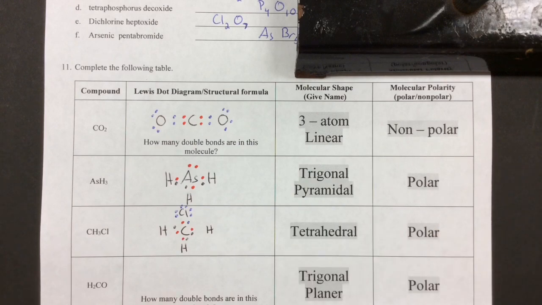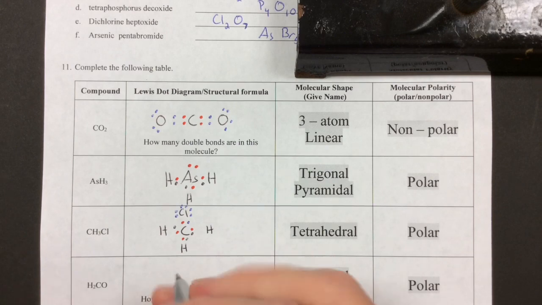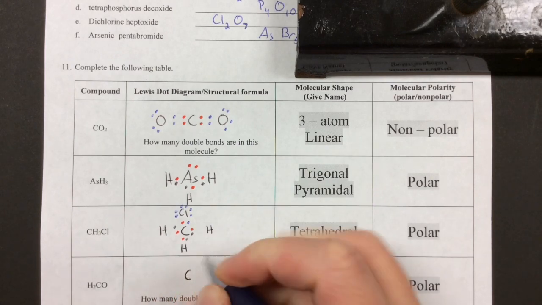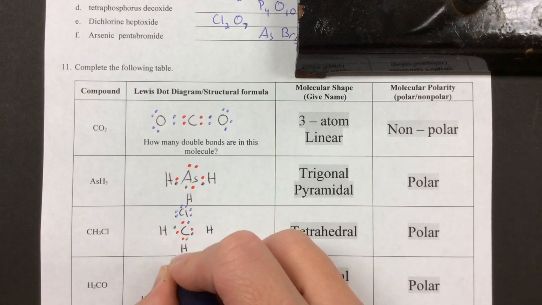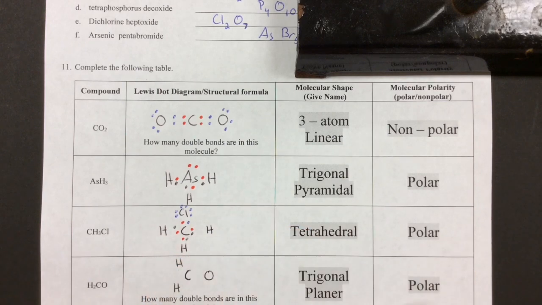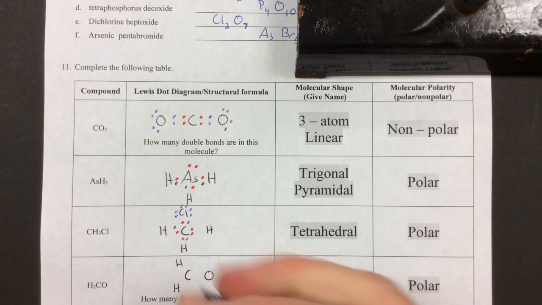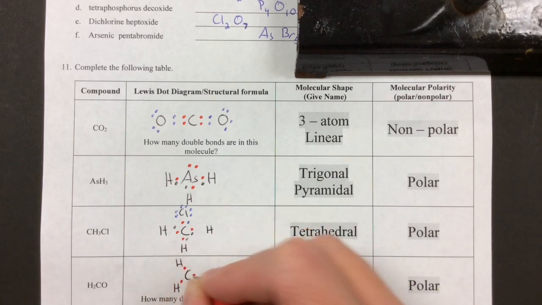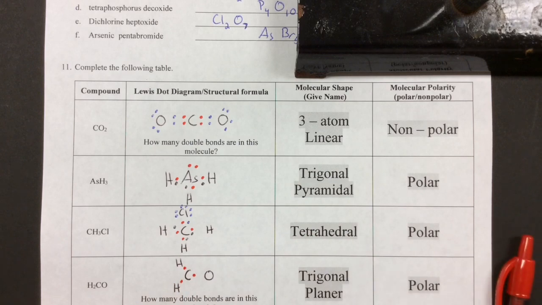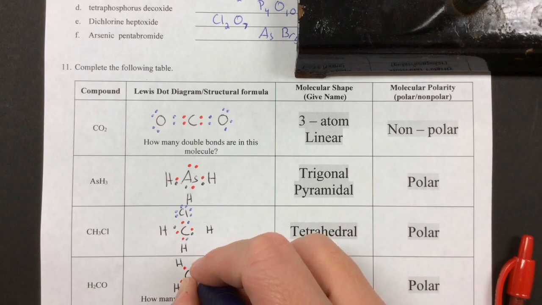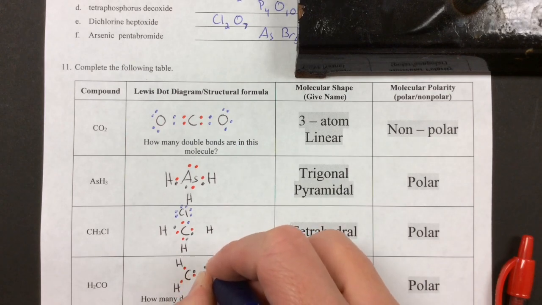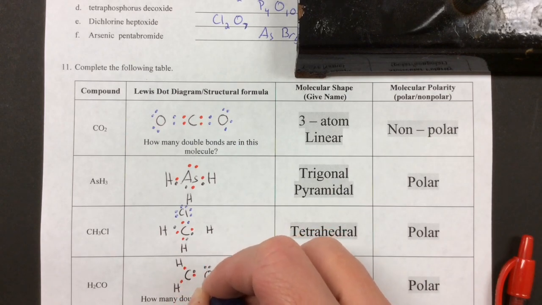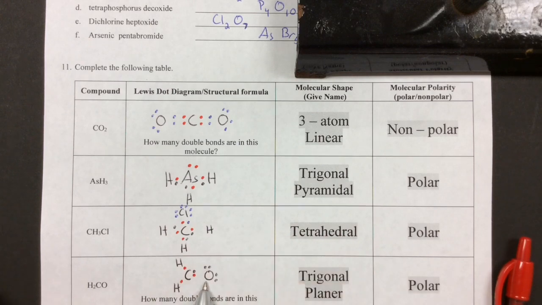The next one is 2 hydrogens, carbon, and an oxygen. So carbon always goes in the middle. We put oxygen on this side, and we're going to put our 2 hydrogens over here, and I'll show you why in just a second. The carbon's going to have 4 valence electrons. I'll come back to that last one in a second. The oxygen is going to have 6, so we're going to put one of them there, 2, 3, 4, 5, and the 6th one would be right here.